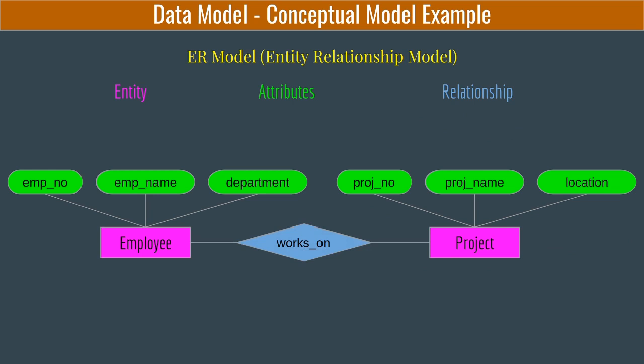In this example, an employee works on project. Each employee will be working on some project of the company. So this is represented like this: employee works on project. So this way of representing data is called a high level or conceptual data model, and this particular example is called an ER model or entity relationship model.